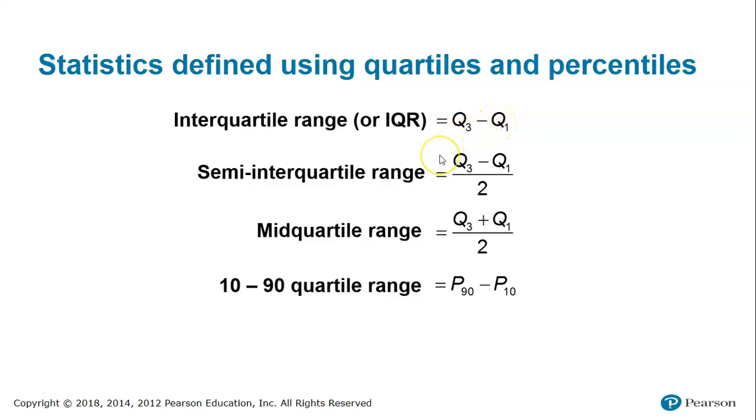If you want to get your semi-interquartile range, then you do the interquartile range divided by 2. The mid-quartile range, you add the third and first quartiles and divide by 2. And then here with your 10-90 percentile range, you're going to subtract those percentiles. So again, we're not really going to use these bottom 3, but the top one we will use for identifying some outliers.